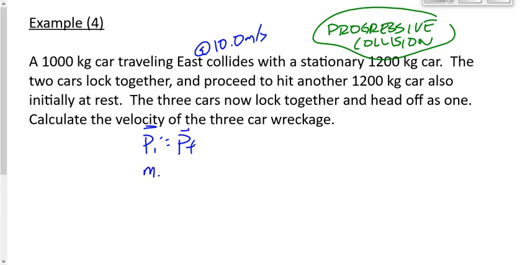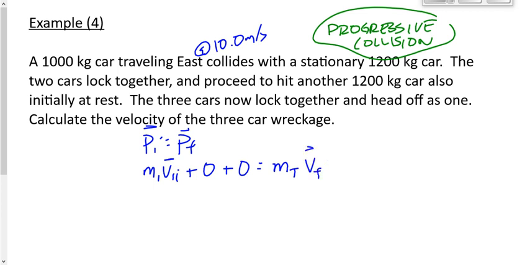There are three cars initially: M1 V1I plus 0 plus 0. Why plus 0, plus 0? Well, because the other two cars were at rest. If they weren't at rest, then we'd put in M2 V2I, or whatever. Afterwards, Danielle, what are we going to put in afterwards? All three of them stick together at the end of this, so it's going to be MT times VF.